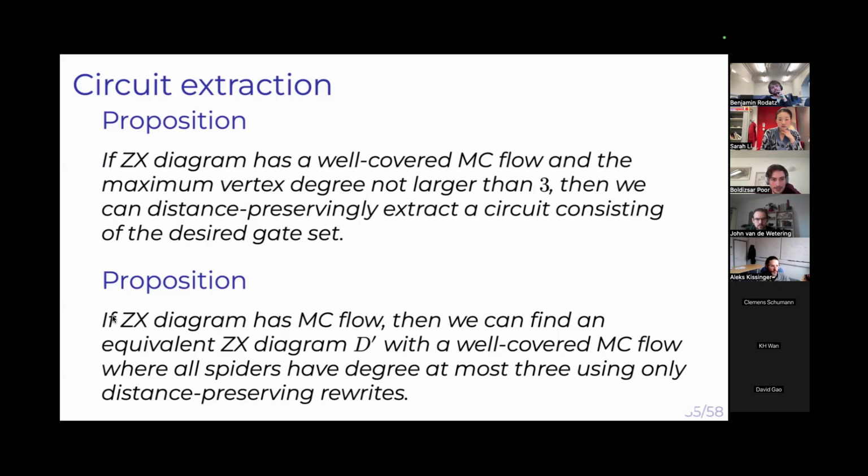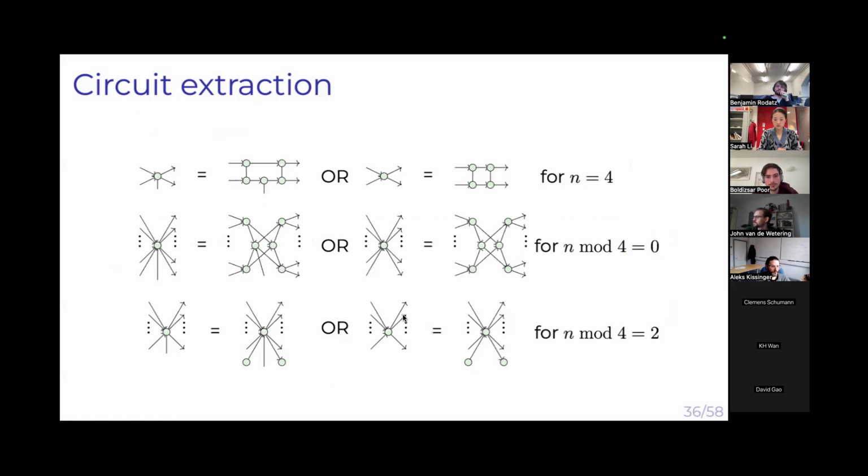So this means that if we have any diagram D that has MC flow, then we can extract a circuit which has a well-covered MC flow and maximum vertex degree not larger than 3, using which we can again extract a circuit of the desired gate set. So this effectively means that we can always extract a circuit if a ZX diagram has MC flow. The circuit extraction is based on these distance-preserving rewrites.